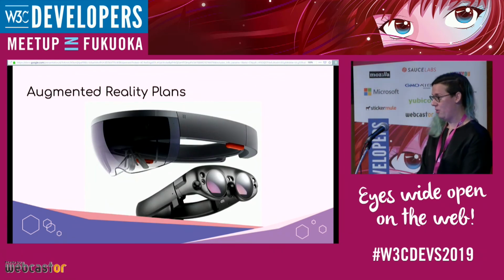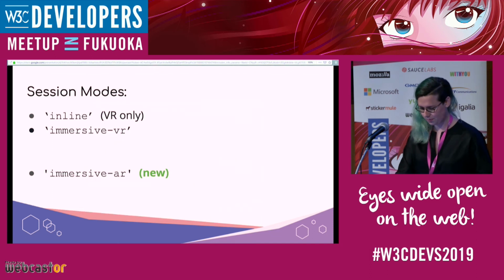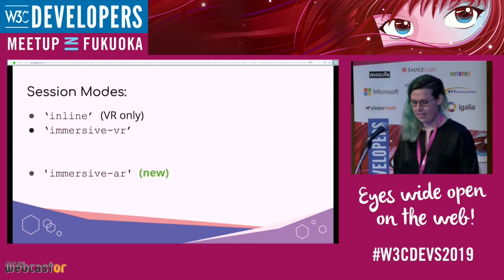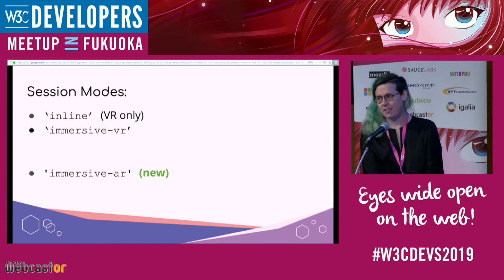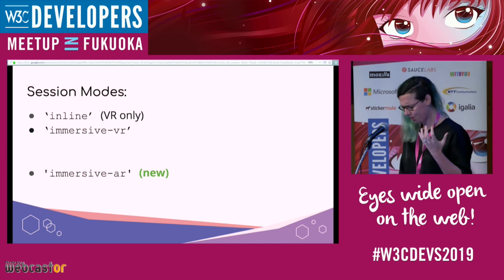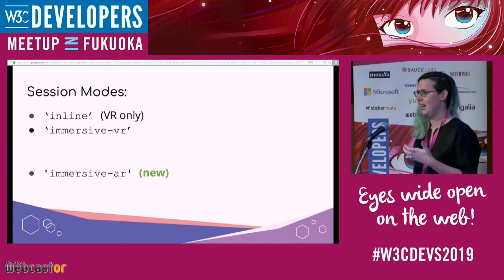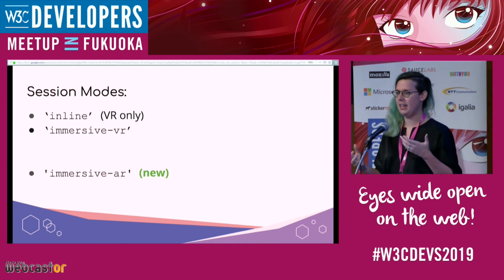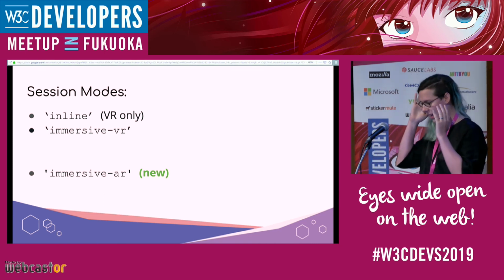We have plans for augmented reality as well. So the main deal here is the Immersive AR enum. WebXR handles virtual reality by allowing you to do inline sessions or sessions which are immersive in a virtual headset.